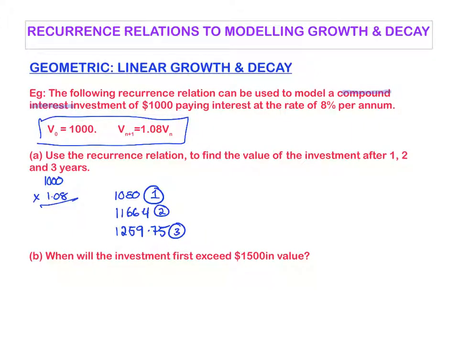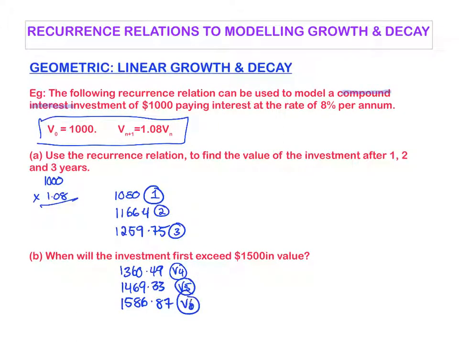All right. So when will the investment reach 1,500? You can keep pressing enter if you like, because you're nearly close to it. If we kept pressing enter after our answer, we'll get 1360.49, then 1469.33, and then we'd end up with 1586. So we've gone over 1,500. So this was V4, V5, V6.